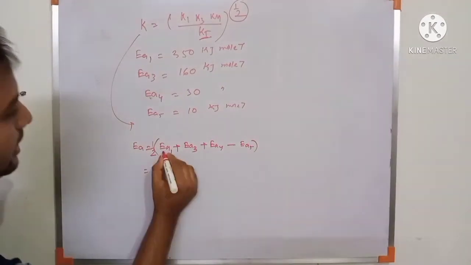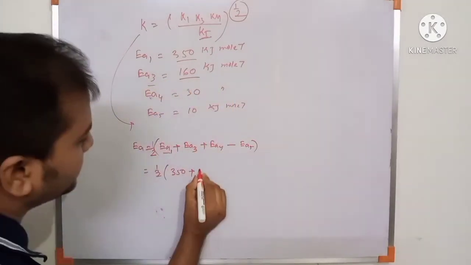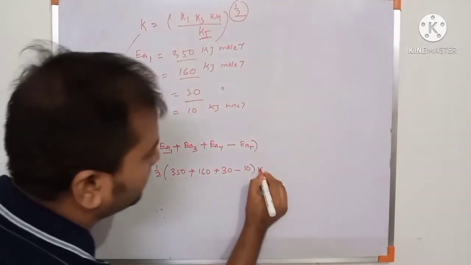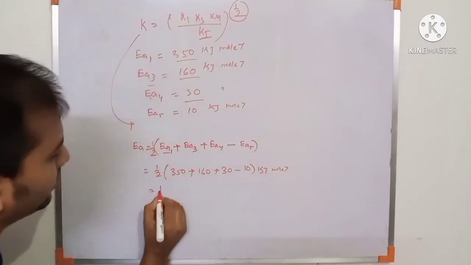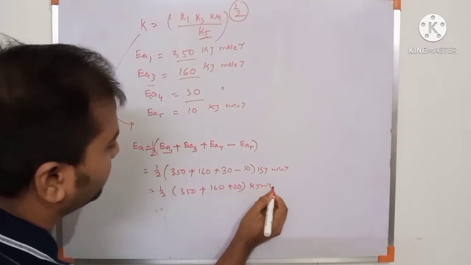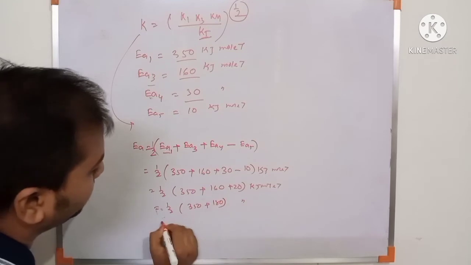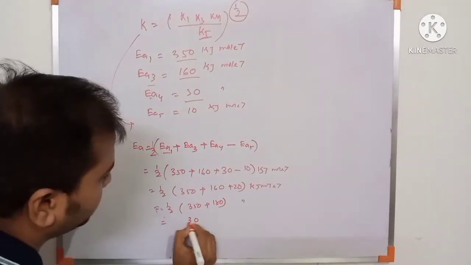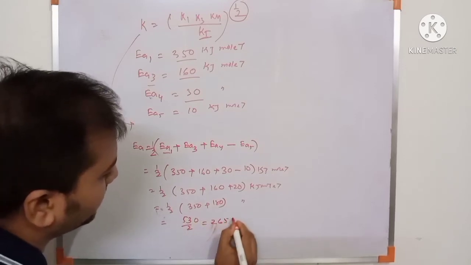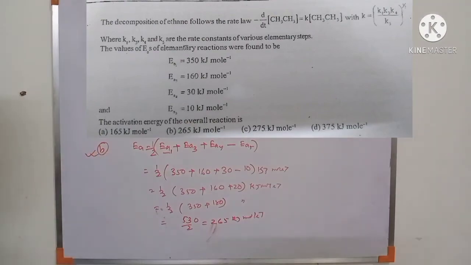So half into EA1 value 350 plus EA3 160 plus 30 minus 10 kilojoule per mole equals half into 350 plus 160 plus 20 kilojoule per mole, equals half into 350 plus 180 kilojoule per mole, equals 530 by 2, equals 265 kilojoule per mole. So option B is the right answer.